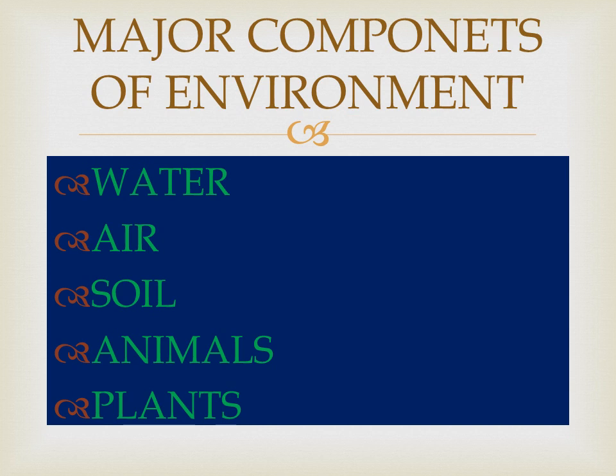Now, candidates, what are the importance of animals? The importance of animals are as follows. 1. Helps in seed dispersal. For example, all succulent fruits and the black jack are dispersed by animals, that is, from one place to another. 2. Adding nutrients to the soil.